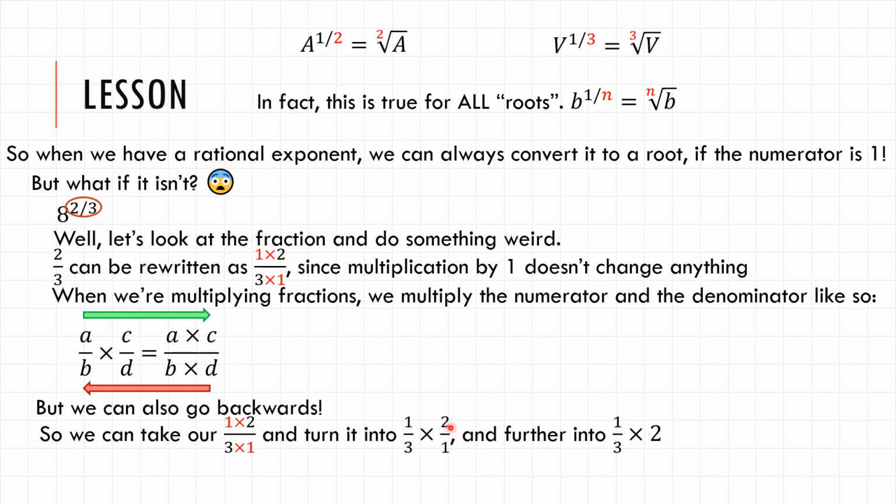And further, 2 divided by 1 is just 2. So I've said, okay, 2/3 is the same thing as 1/3 times 2. And if I had this exponent to the power of 2/3, I can split it up into 1/3 times 2. But I'm not done yet.